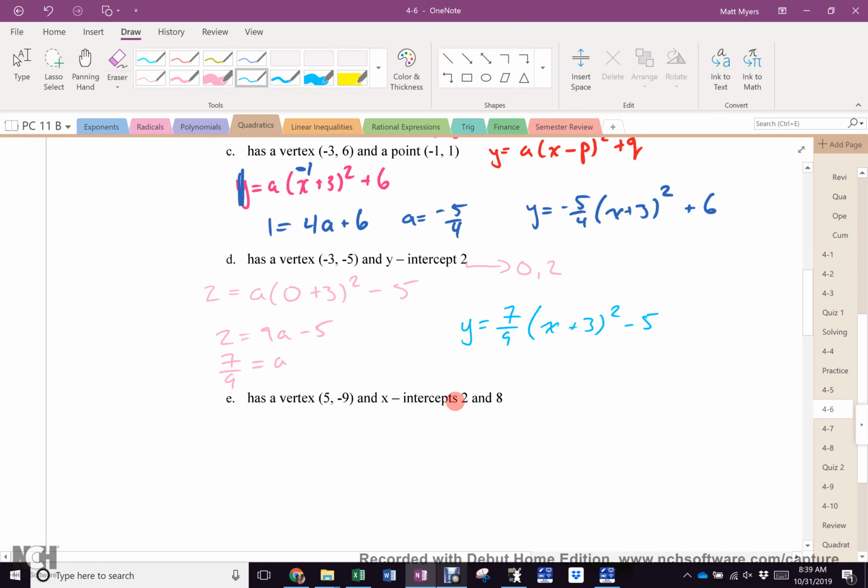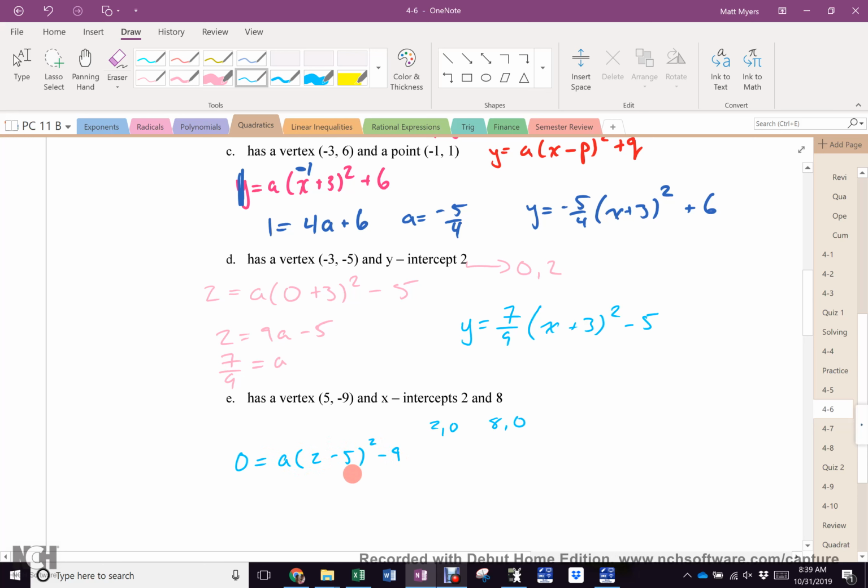X-intercepts, which are what? What is that x-intercept? 2, 0. What's that x-intercept? 8, 0. Do we have a vertex? So let's go. 0 equals A bracket 2 minus 5 squared minus 9.